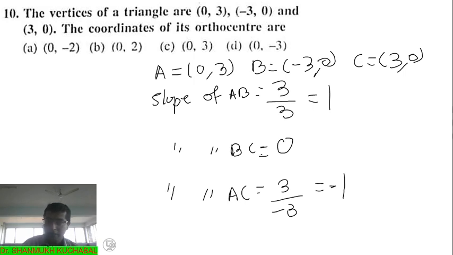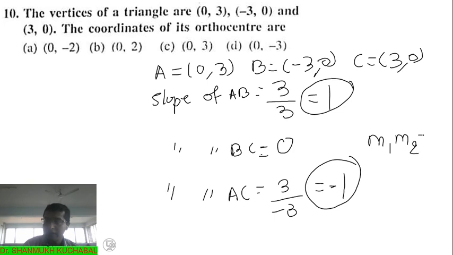We observe that this is one slope, this is another slope here, so their multiplication m1 into m2 is -1. So the orthocenter is at (0, 3) here, that is option C is the right answer.